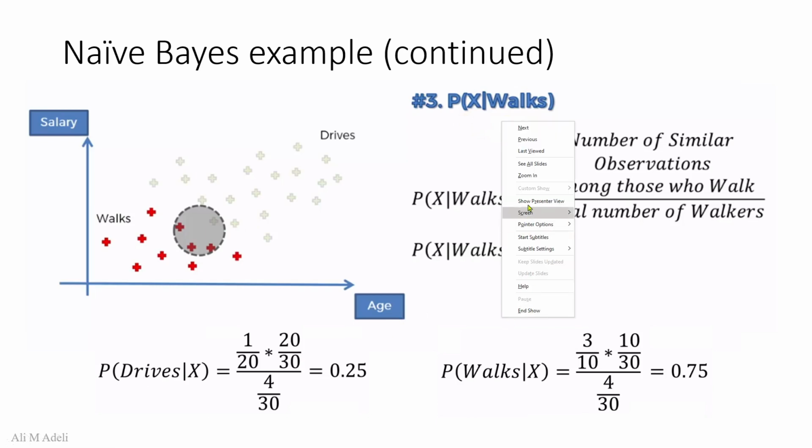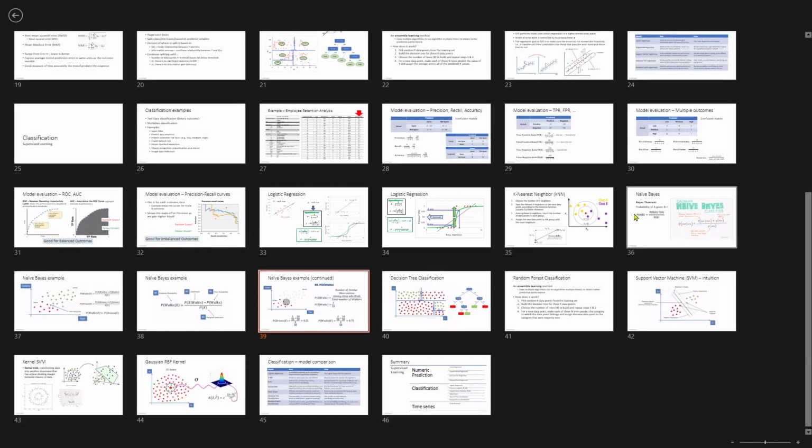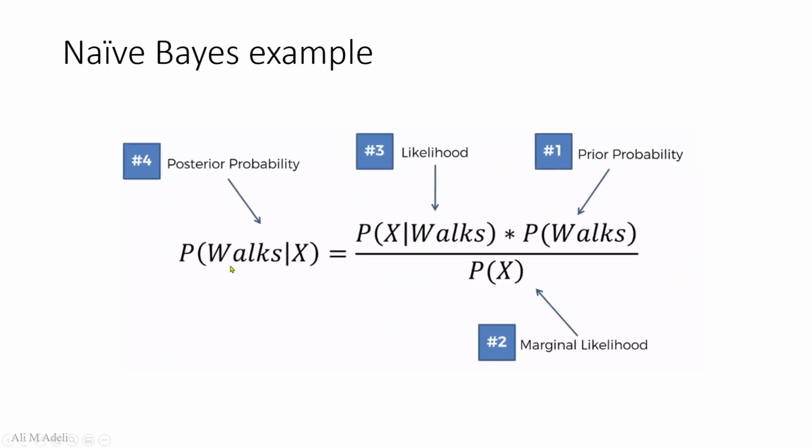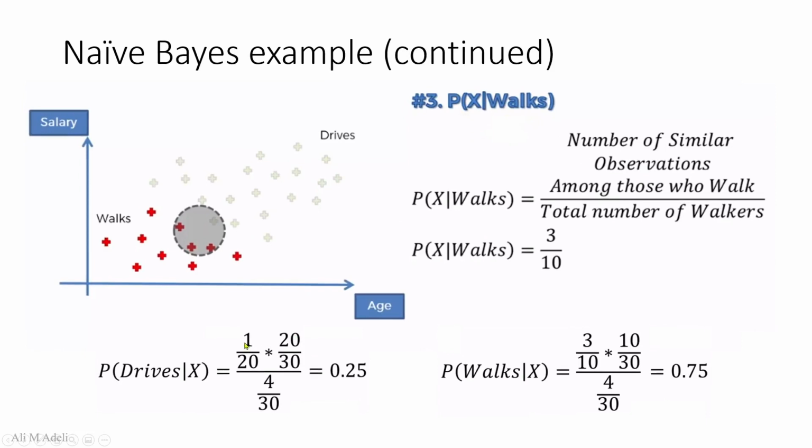Let's go back to the formula we had over here. You're going to have the probability of driving, the probability of x given driver, and this marginal likelihood. So 20 out of 30 is going to be the prior probability, and P of x is the same, 4 out of 30.